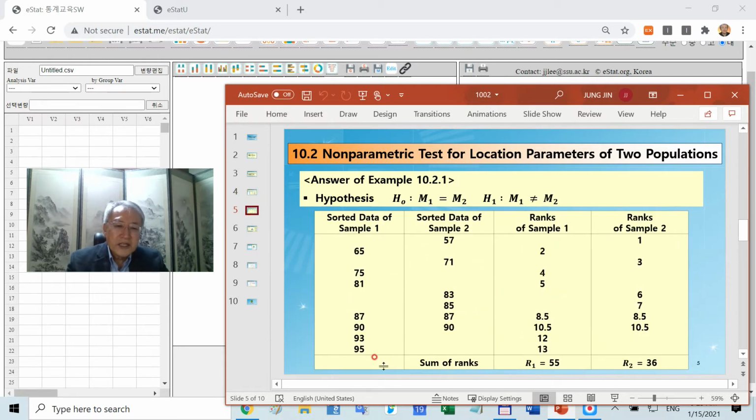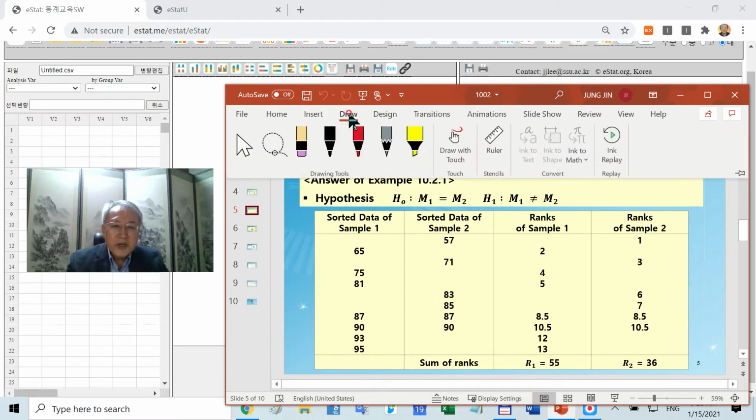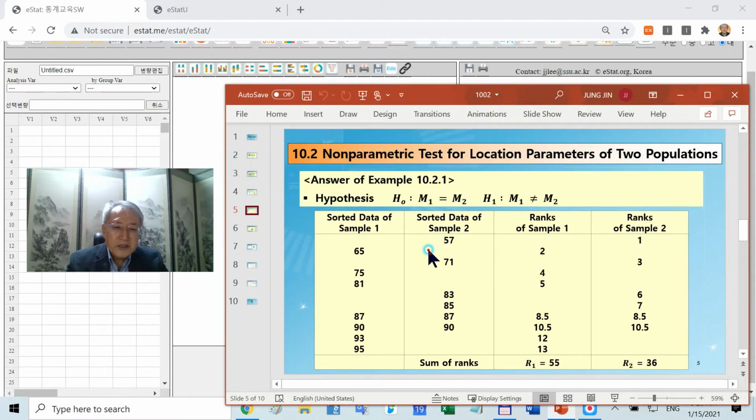These are the original data, and you arrange them in ascending order in this manner. I just arrange in ascending order, but I'd like to compare these two samples.